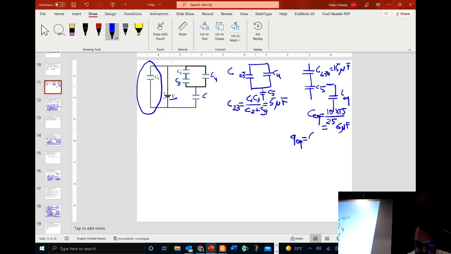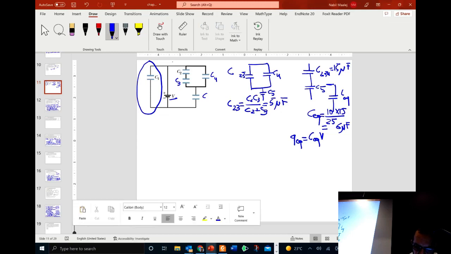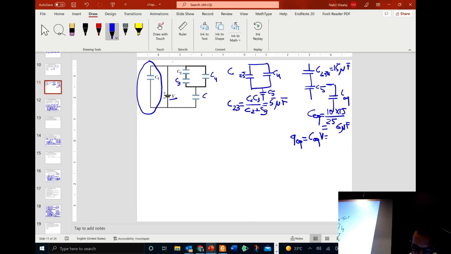So this is going to be C equivalent times delta V, which is V. Here they call it V, so we'll use V. So we have 6 microfarads times 10 volts, that is 60 microcoulombs. So this is the charge on the equivalent capacitor.